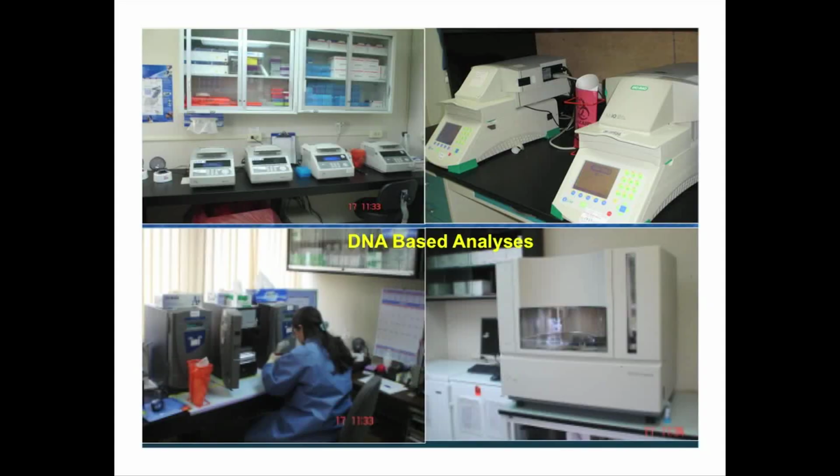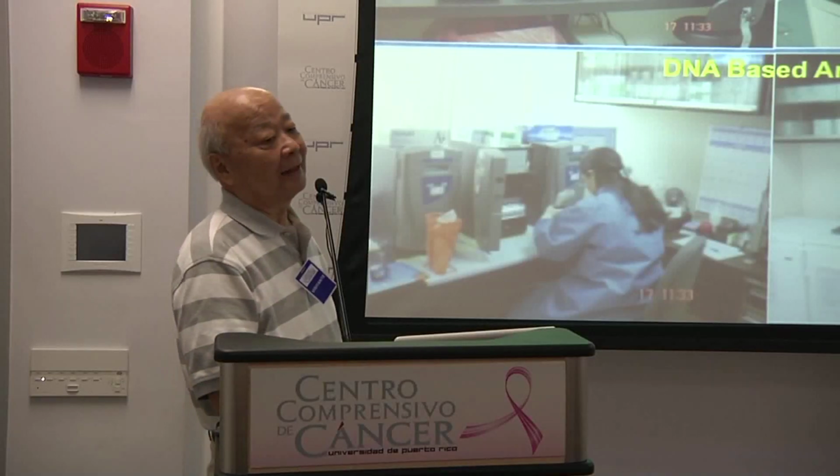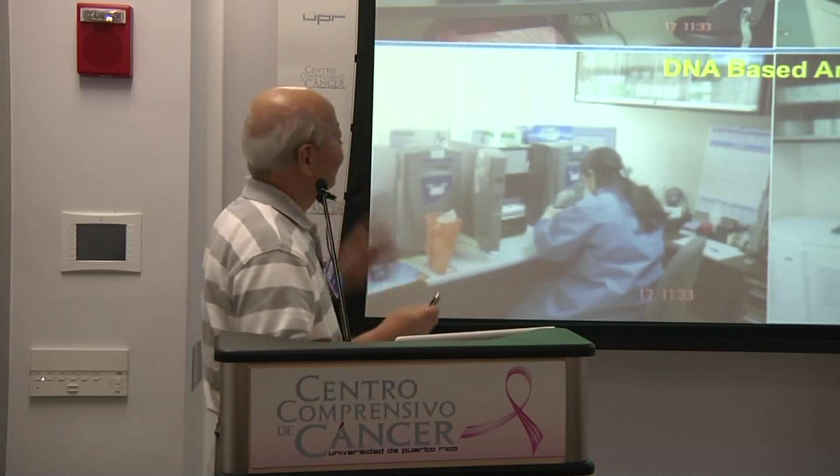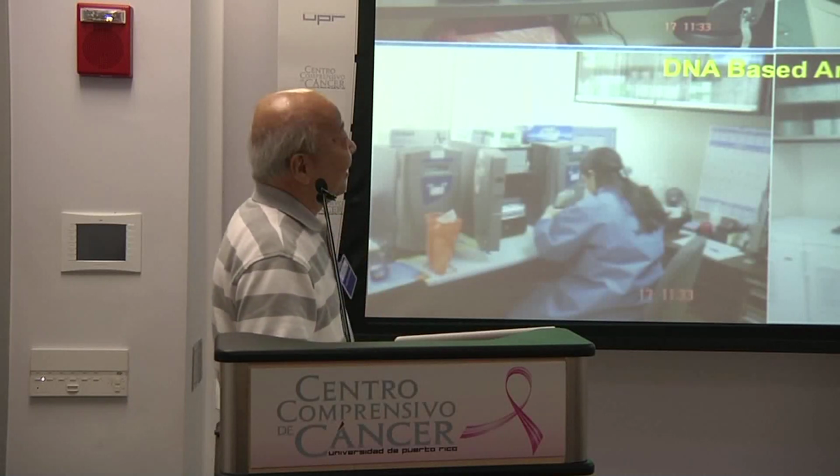So this is the sort of display of what we have. We have now 6 regular cyclers, happen to be all ABI 9700, 9800, and what is called the new one.